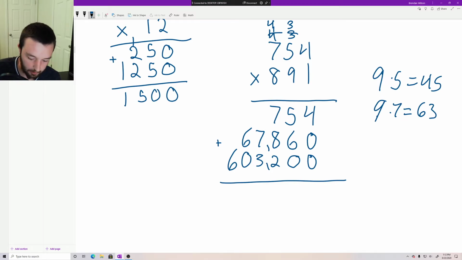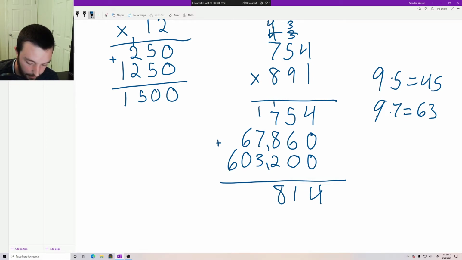So we have 4 plus 0 plus 0 is 4. 5 plus 6 plus 0 is 11, so we carry the 1. Let me write that better. Sorry, my display is messing up, so I just have to wait a second for it to load. 8 plus 7, 7 plus 1 is 8, plus another 8 is 16, plus 2 is 18.